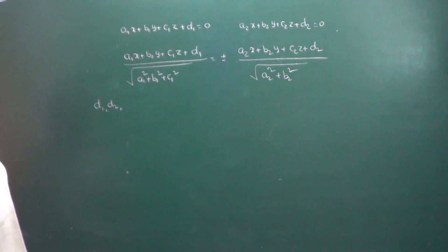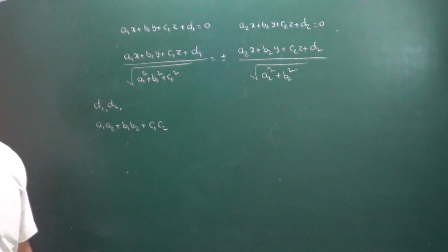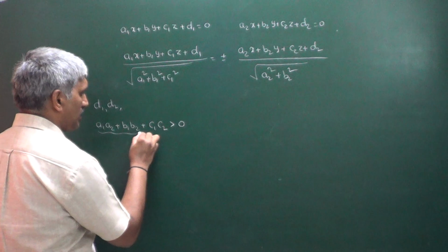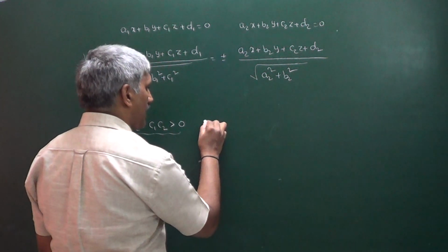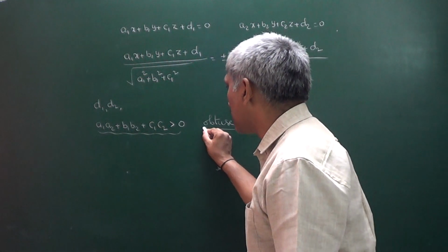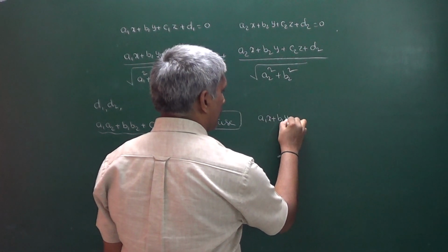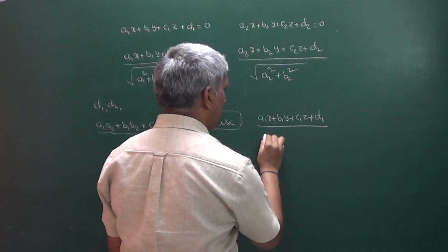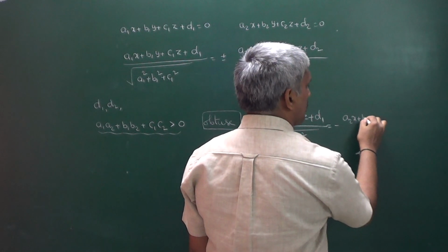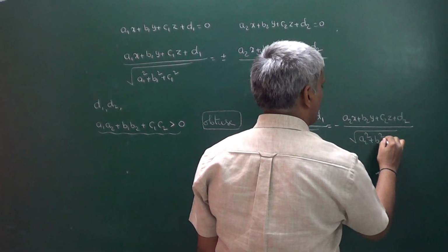After making d1, d2 positive, find the value of a1a2 plus b1b2 plus c1c2. If a1a2 plus b1b2 plus c1c2 is greater than 0, then the origin lies in the side of the obtuse angle bisector, and that obtuse angle bisector is given by (a1x plus b1y plus c1z plus d1) divided by square root of a1 square plus b1 square plus c1 square is equal to minus of (a2x plus b2y plus c2z plus d2) divided by square root of a2 square plus b2 square plus c2 square.